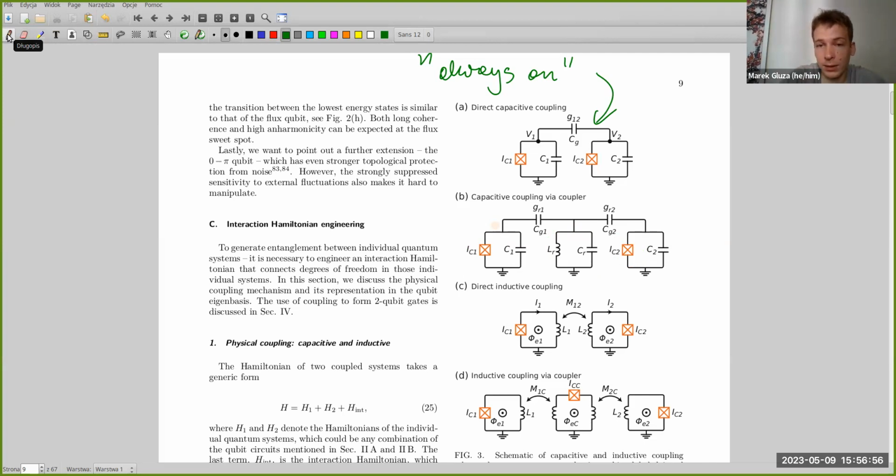Why is this interesting? It's interesting because maybe I can tune the frequency of that oscillator. Maybe there's a way to tune that frequency of that oscillator. And if that would be happening, then maybe I can, time dependently, for example, do some coupling of the qubits.